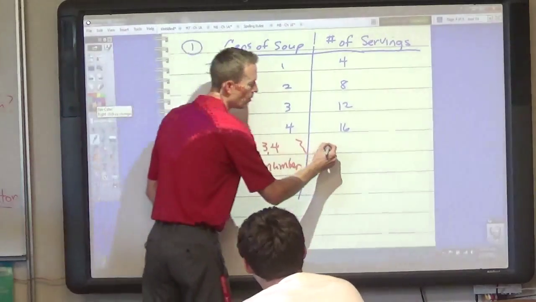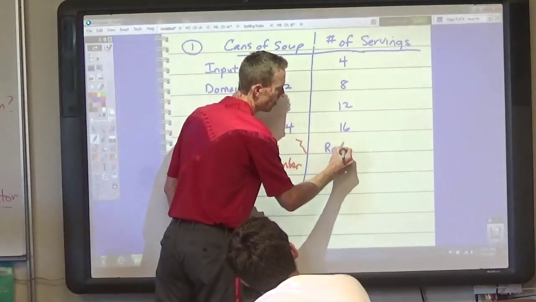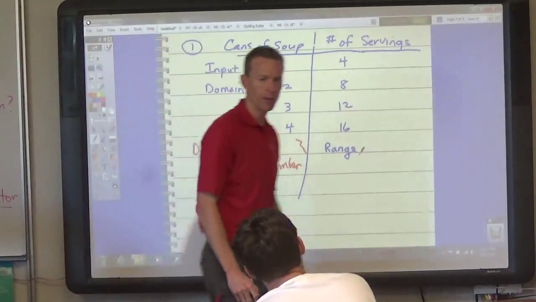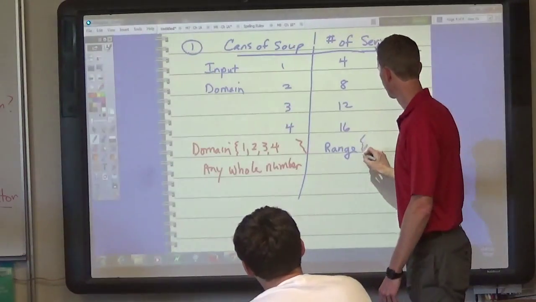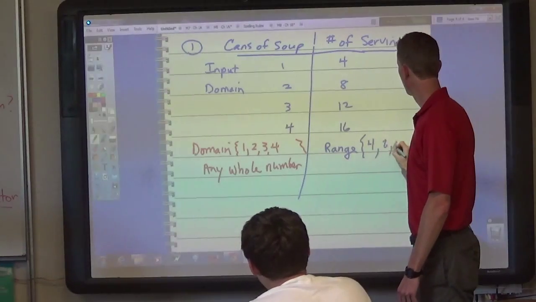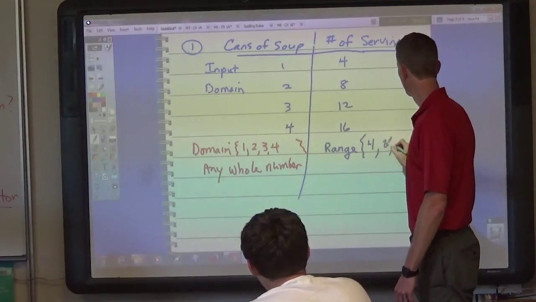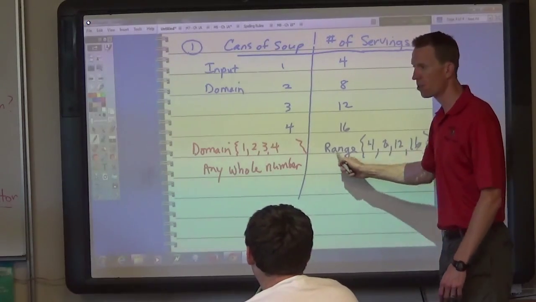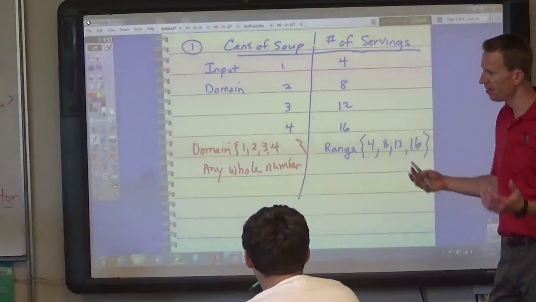Again, a reasonable range. These are the range values, right? So we would list them as 4, 8, 12, 16. Or we could describe the range as, again, what?